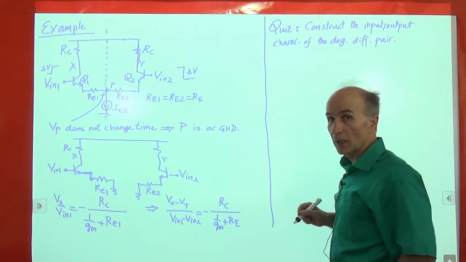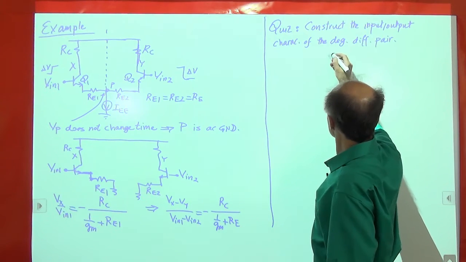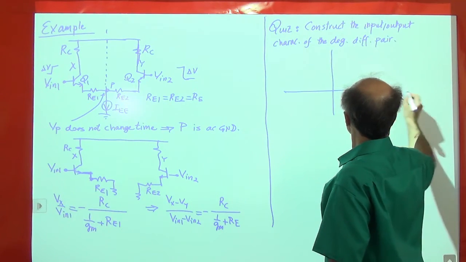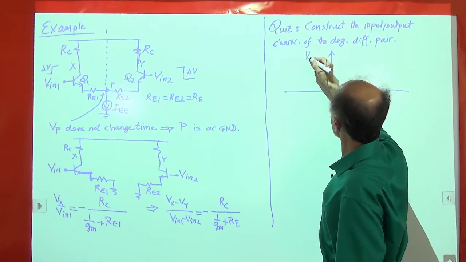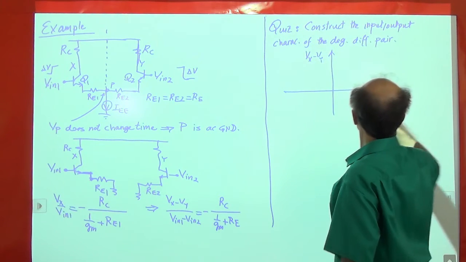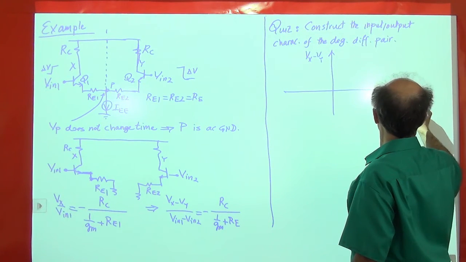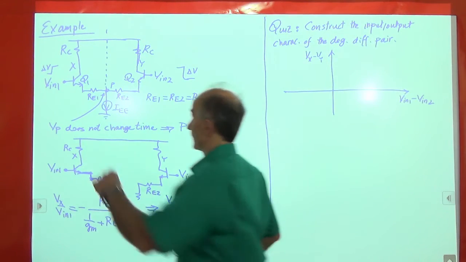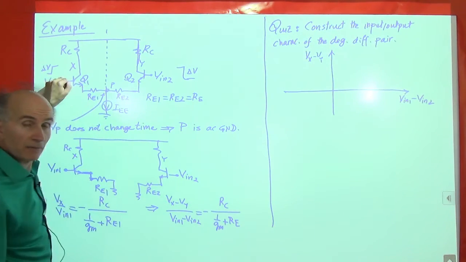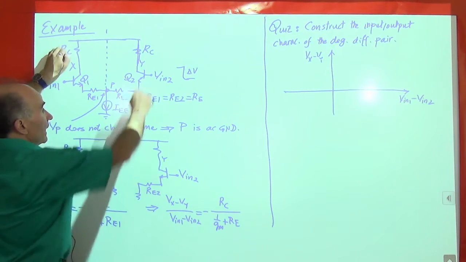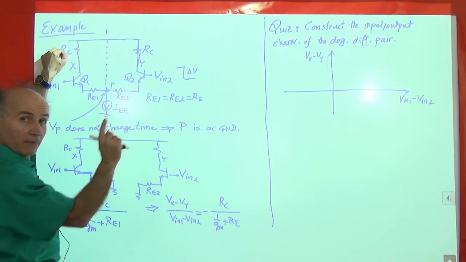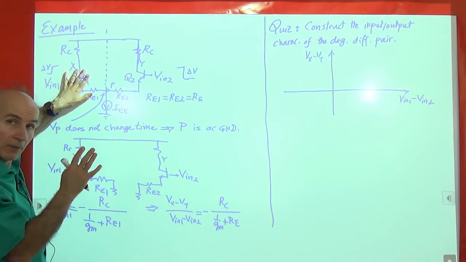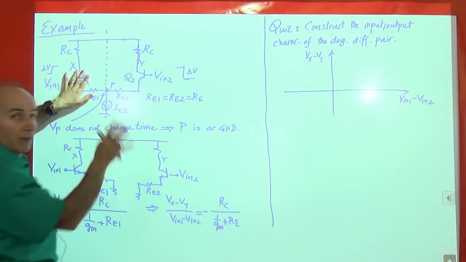Okay, so let me just get you started on that, and then you can think about it. If I plot Vx minus Vy versus Vin1 minus Vin2, what we know is that if Vin1 is sufficiently higher than Vin2, then definitely this transistor turns on completely and this transistor turns off completely.